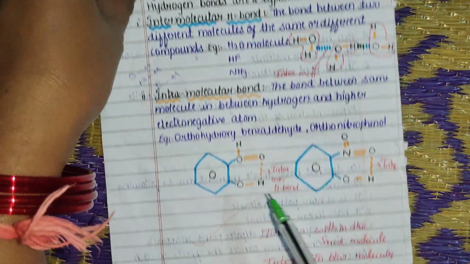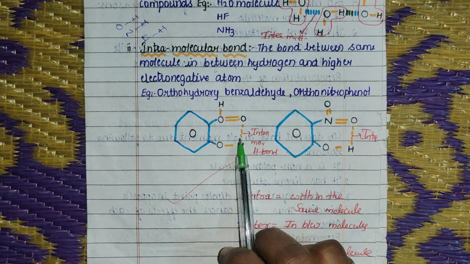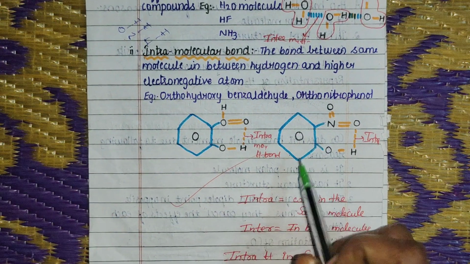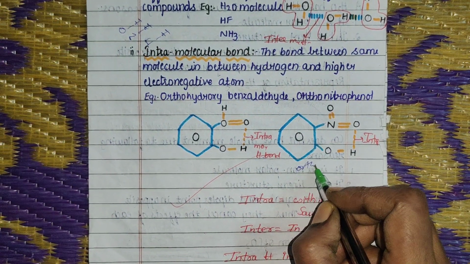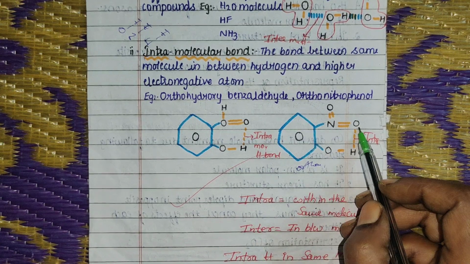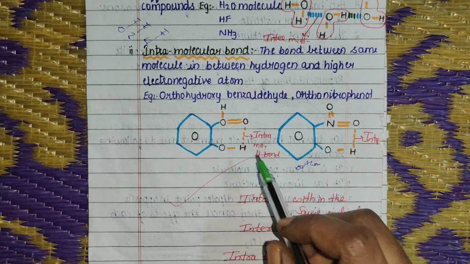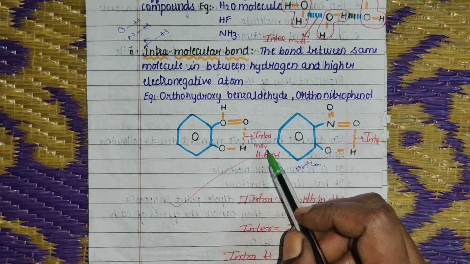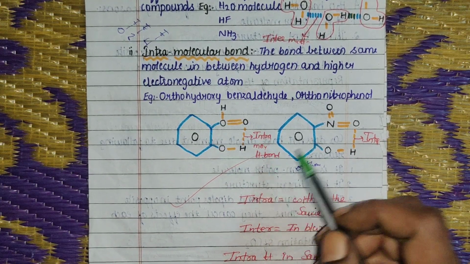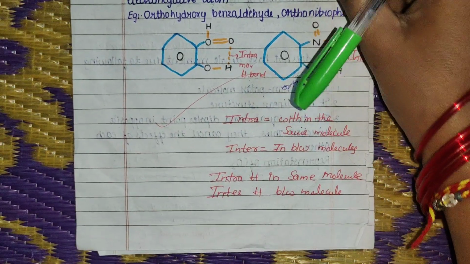Next is intra. Intra means within the same molecule. Example is orthonitrophenol. In this, the nitro group containing oxygen and the alcohol group containing hydrogen will have an intramolecular hydrogen bond. Which one? Intra, within the same molecule, hydrogen bond present.